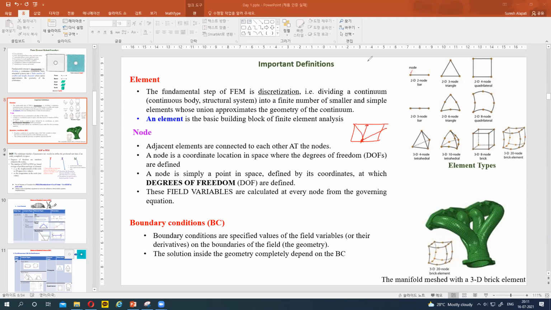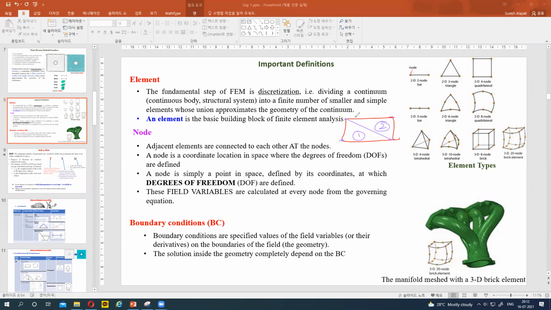For example, consider a rectangular body and divide it into 2 triangular elements, 1 and 2. The number of elements is only 2, but the number of nodes is 4: 1, 2, 3, and 4.